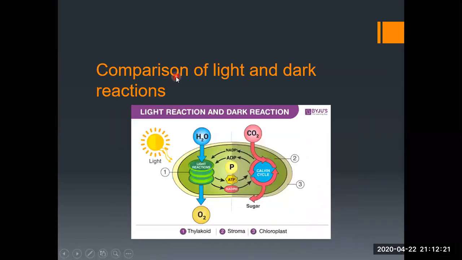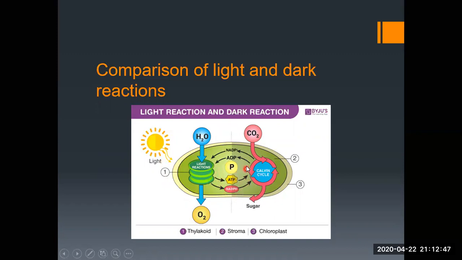I hope you understand all the reactions. But before summing up our lesson, we have to compare both light and dark reactions. Light is a source for the light dependent reactions, in which water is added and light is added. Oxygen as a product is formed, and the light reaction occurs in the thylakoid of the chloroplast, while the products are ATP and NADPH. What happens in the stroma?